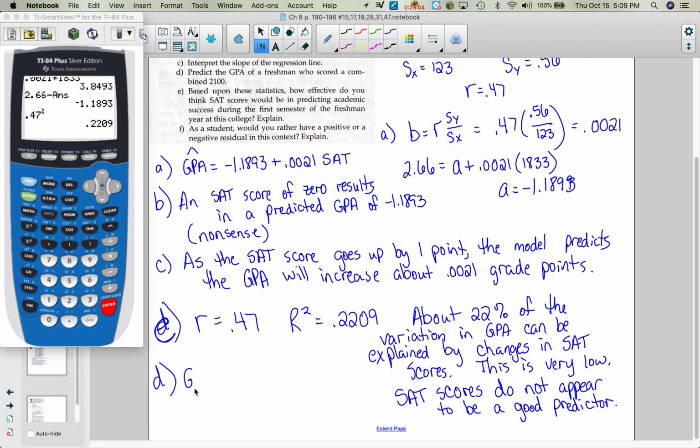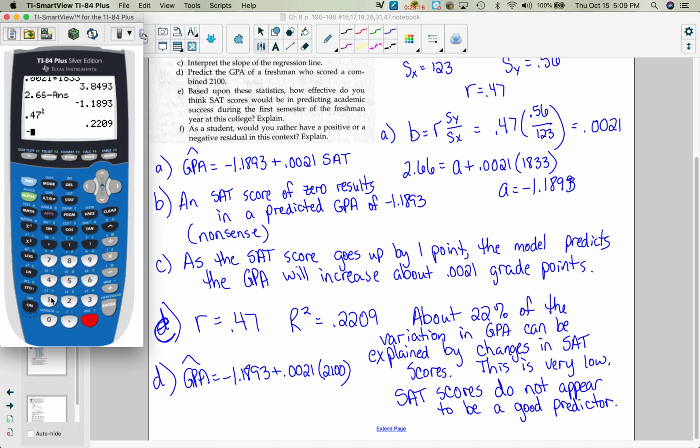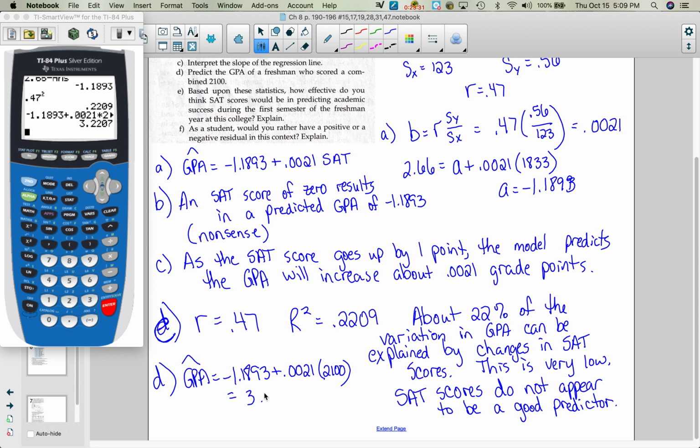So GPA would be negative 1.1893 plus 0.0021 times 2100, and we get about 3.22.